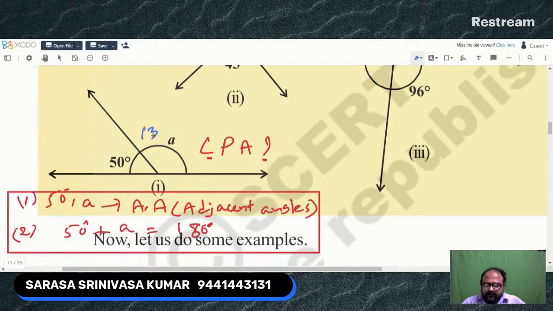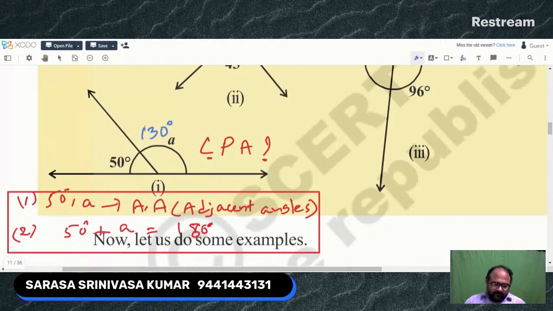The simplification is left to the student as an exercise. I am writing the result. The sum of two angles 50 degrees and A equal to 180 degrees, since the two angles are a linear pair of angles. So from this you get A equal to 130 degrees.